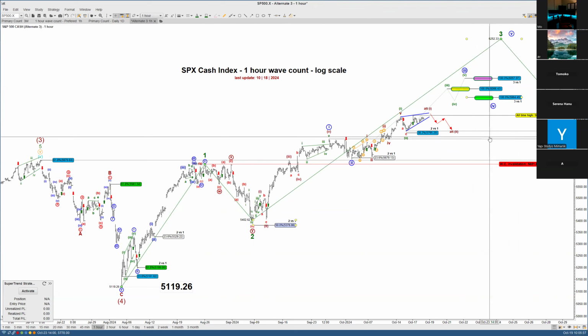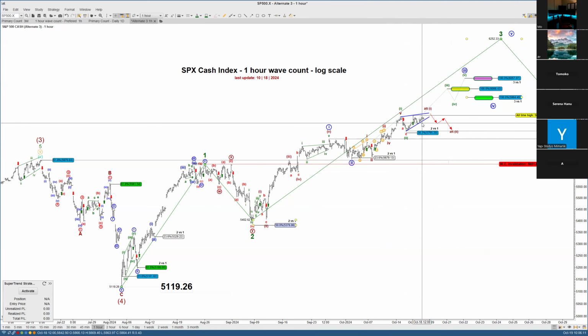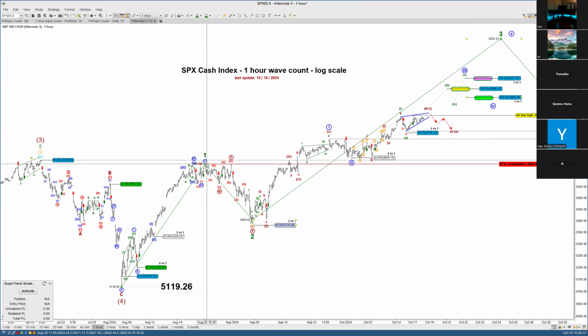So name me one strategy that gives you this, where you can well define your risk. If your wave count satisfies all the rules and guidelines, Elliott tells you where this entire wave count will be wrong.